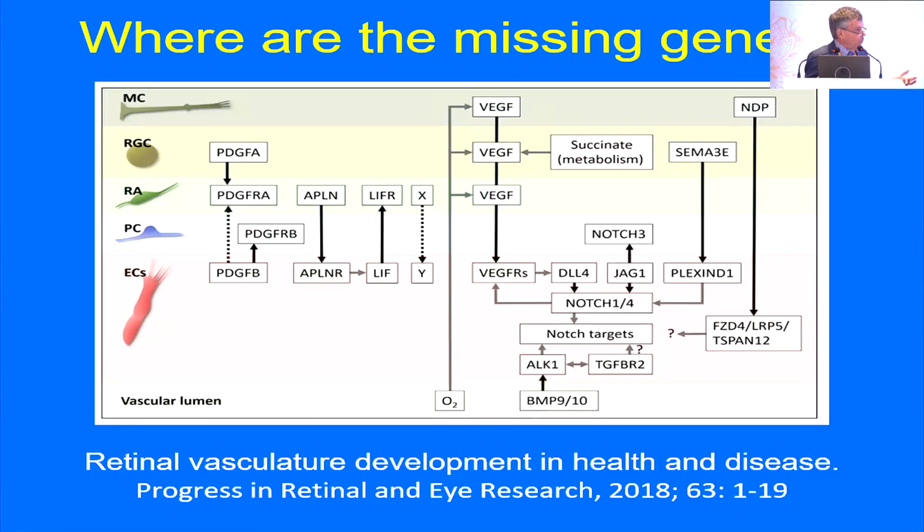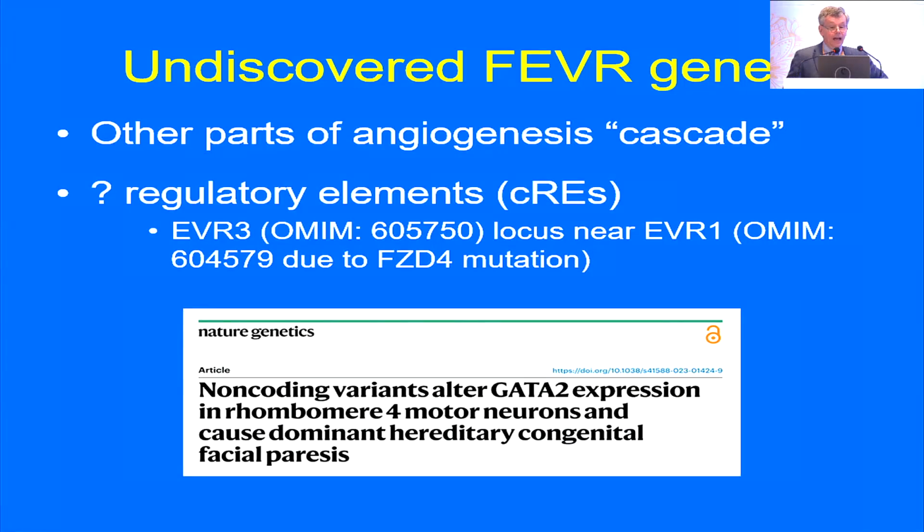Now, where are all these missing genes? They may well be in the other parts of what I'll call the angiogenesis cascade or control systems, but Professor Sundaram presented a paper in his presentation on enhancers and regulatory elements, and I think that's probably where a lot of the remaining genetic discoveries with this condition need to be.